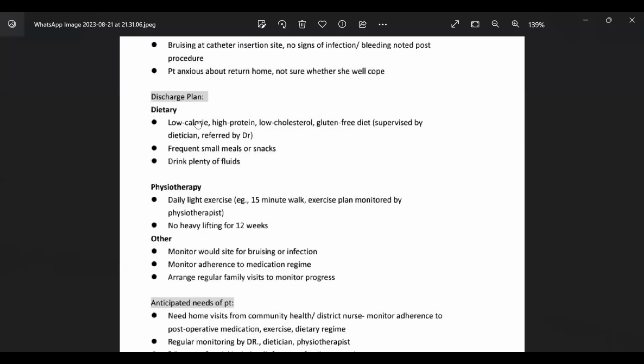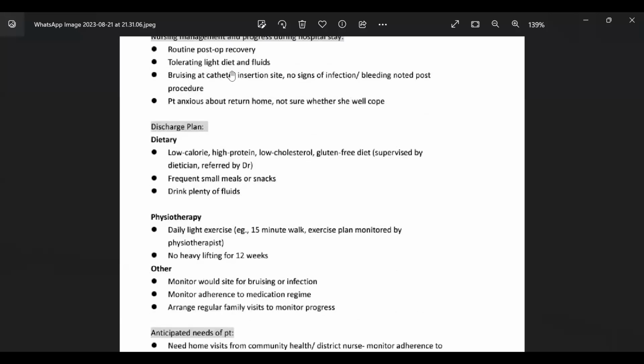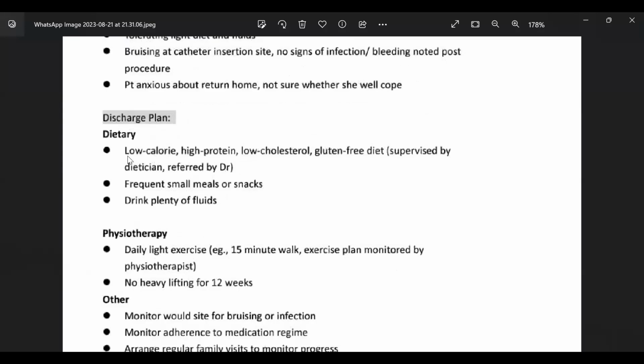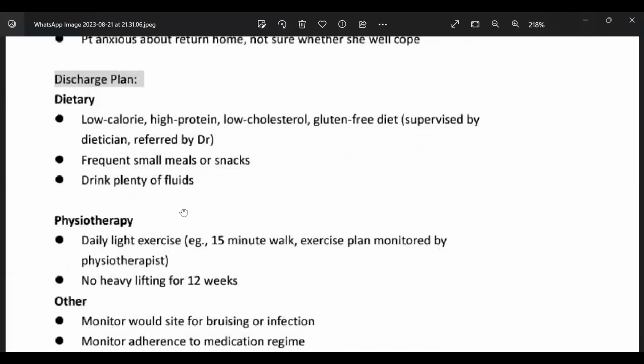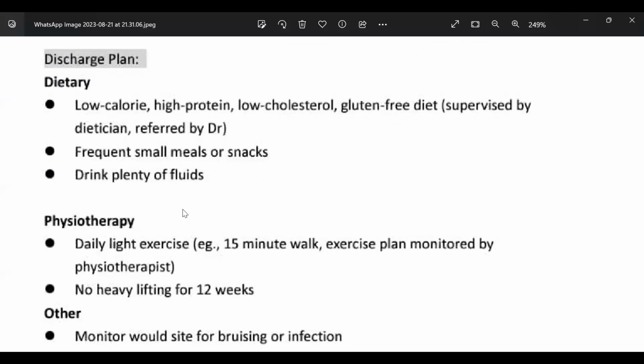I would appreciate it if you could take advice from the dietitian for a low calorie, low cholesterol, gluten-free, however high protein diet. Please make sure she is given small meals or snacks, in addition to drinking plenty of fluids.